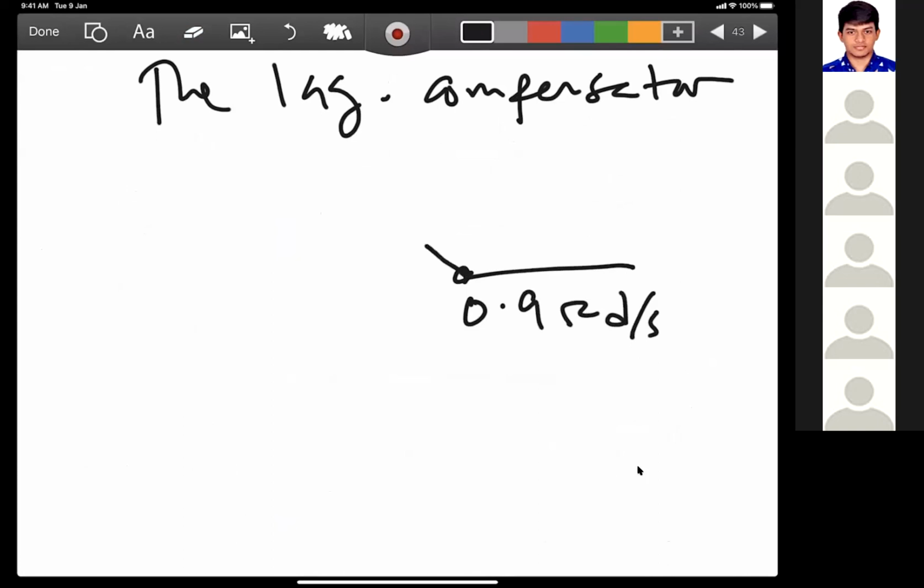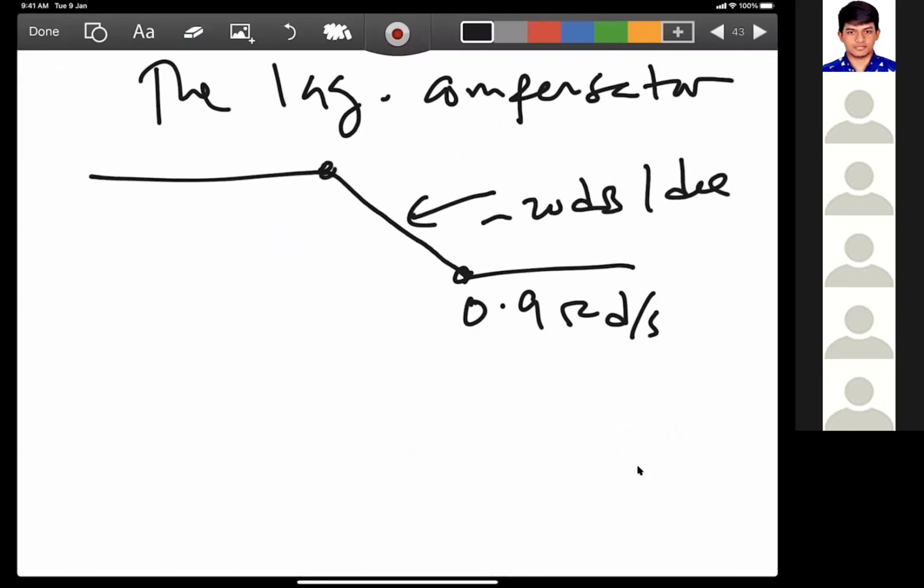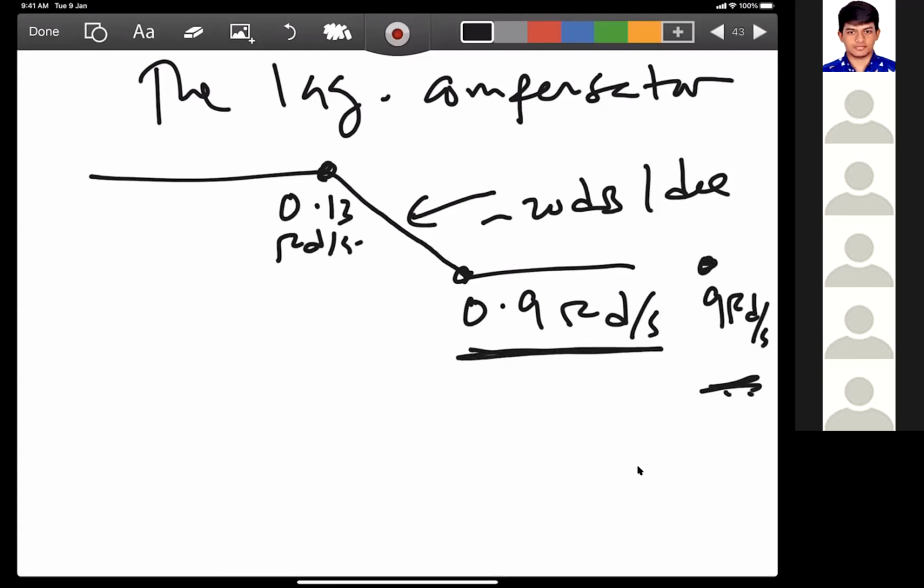And then you extend the minus 20 dB line, then straight, until you reach 0.13. So in order to design the lag compensator, you find one decade before 9 radian per second, which is 0.9 radian per second. After that, you extend the minus 20 dB line until you reach 0.13, and then you go straight.